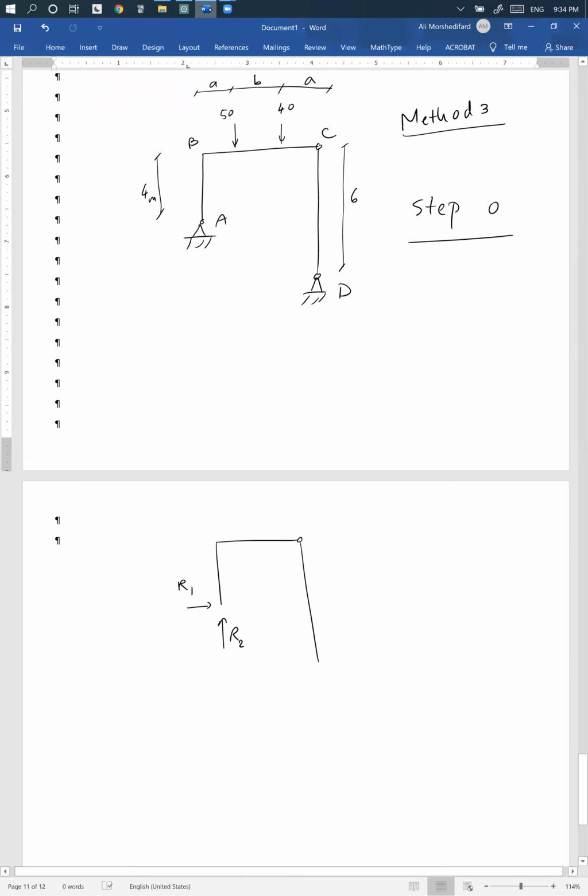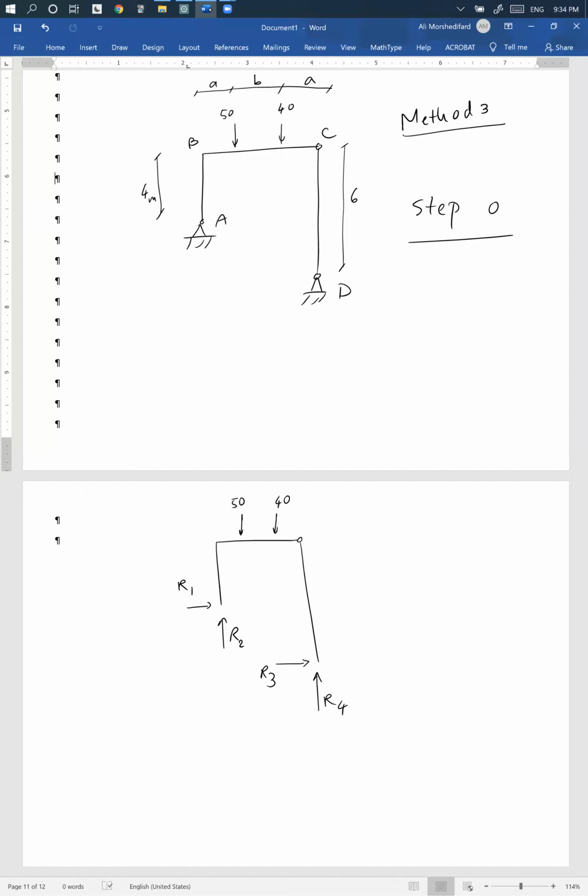All right, so I have these two forces, 50 and 40. Let's see how we get these reactions. We have seen 2 examples of how to deal with this so far. You have a pin, right? We have seen 2 problems that have these pins. The procedure is exactly the same.